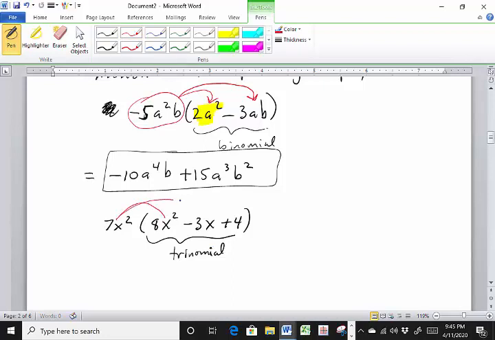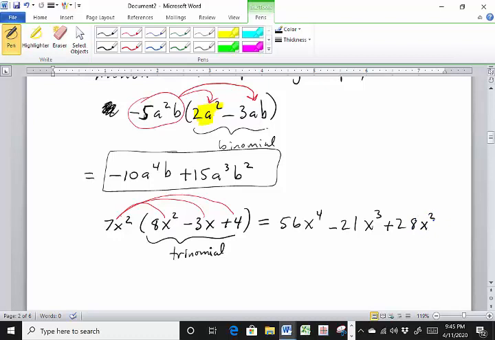This times this, this times this, this times this. Distributive law, right? So I'll just do it right here. Equals, so 7 times 8 is going to be 56. And then x squared times x squared is x to the 4th. And then 7 times negative 3 is negative 21. X squared times x is x cubed. And then 7x squared times 4 is 28x squared.